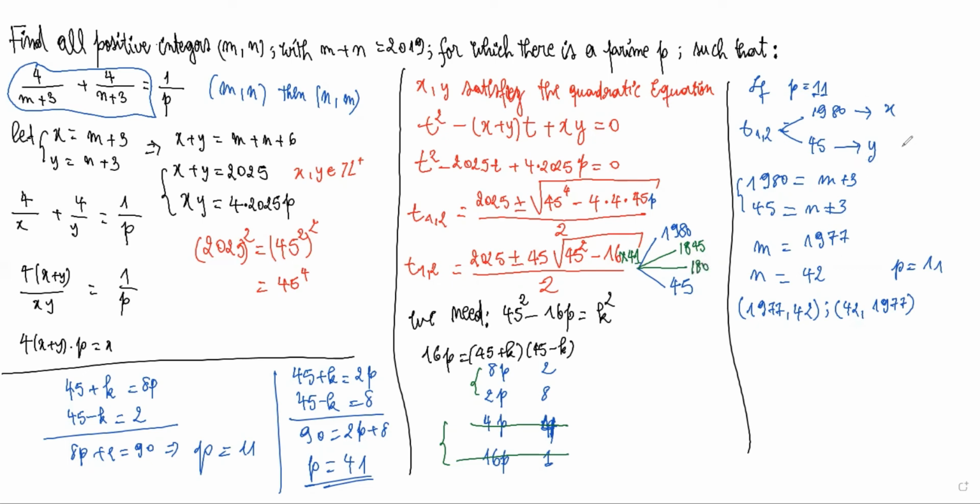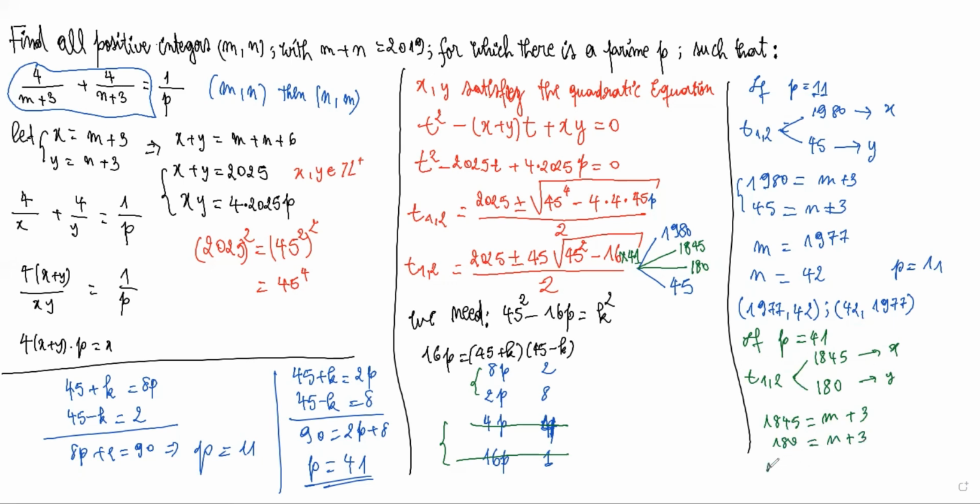So if p equals 41, you get t1 be 1845 or 180. Here you can again set this to be x and that to be y, so the order doesn't matter. 1845 is m plus 3, and 180 is n plus 3.